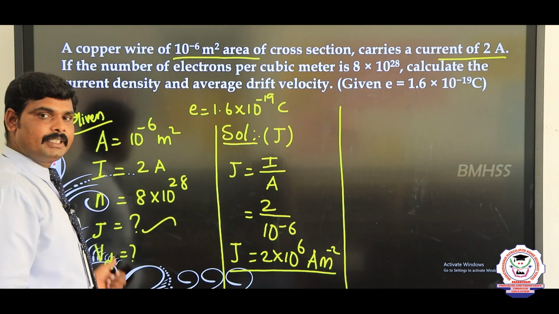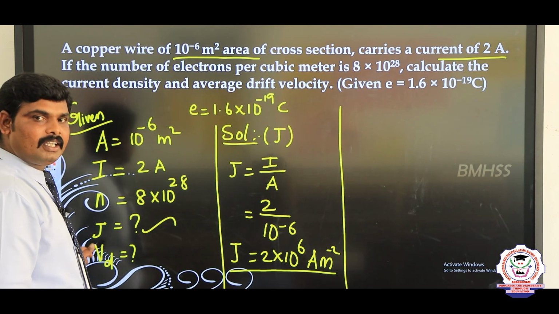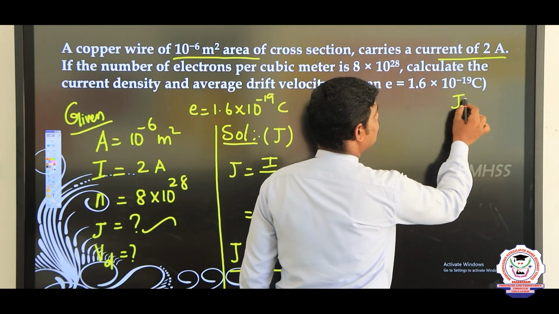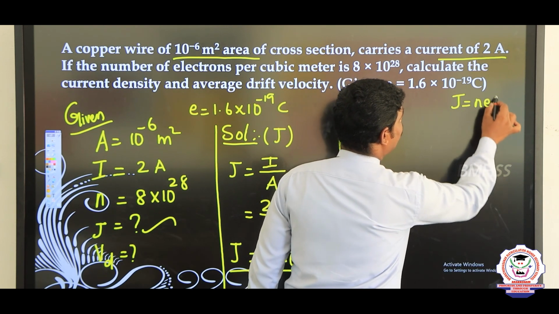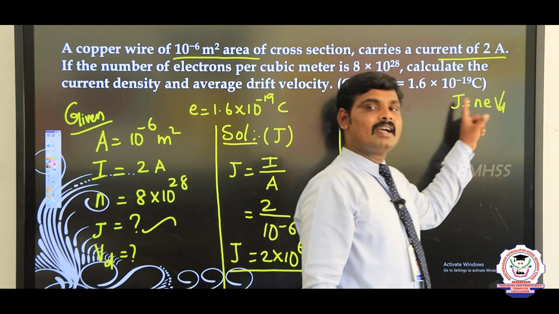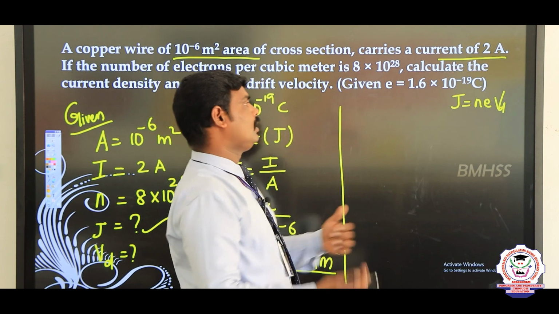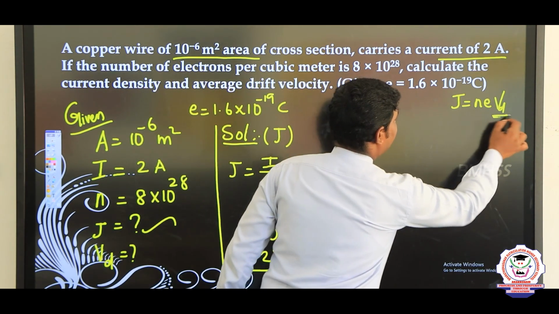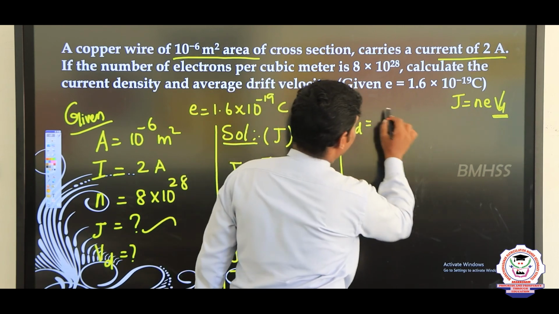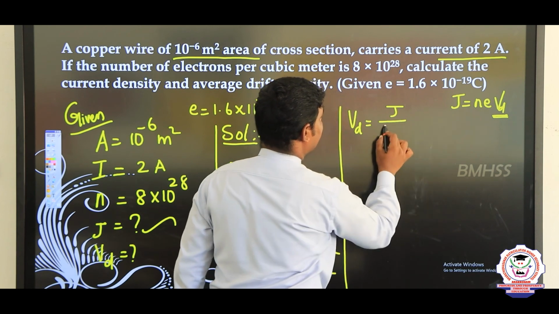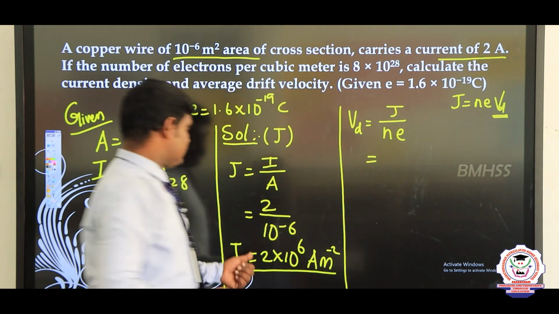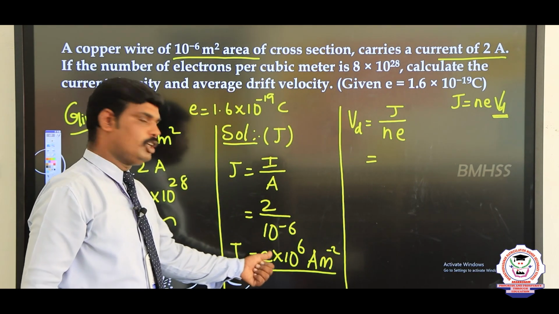Then drift velocity. Here is the relation between drift velocity and current density. You know the general formula: J is equal to N E into Vd. This is the relation between current density and drift velocity. Now we should find the drift velocity, so this formula can be written as Vd is equal to J divided by N into E. The current density J is equal to 2 into 10 to the power 6.